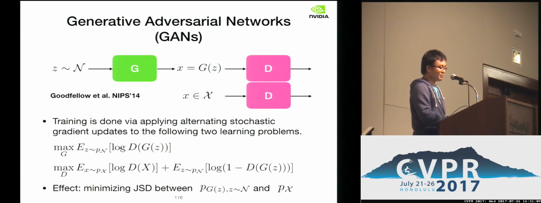The training is done by alternating two steps. One, keep the discriminator fixed and update the generator, and the other, keep the generator fixed and update the discriminator. Training a GAN minimizes the Jensen-Shannon divergence between the model distribution and the data distribution.